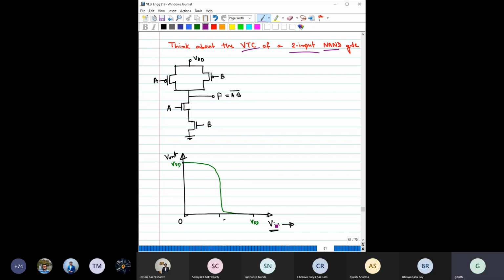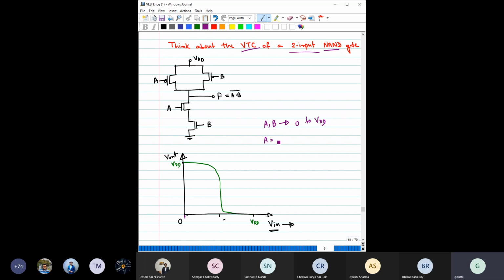So definitely we are plotting V in, meaning input voltages. Here it's not only one input, you have two inputs. So there might be different possibilities, like A and B simultaneously going from 0 to 1, meaning 0 to VDD. Both A and B simultaneously changing from 0 to VDD.